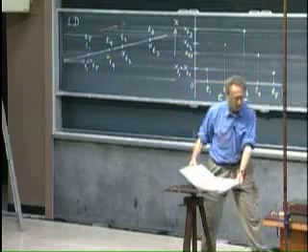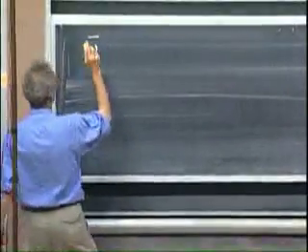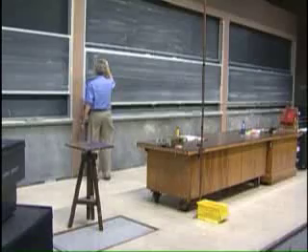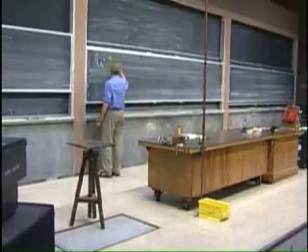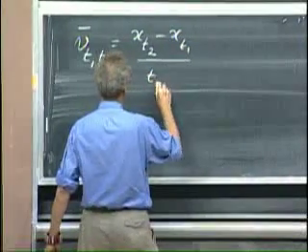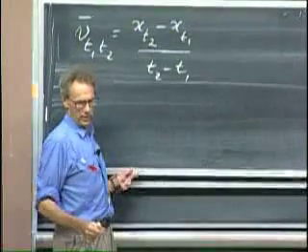Now we will introduce what we call the average velocity. I put a bar over it. That stands for average. Between time t1 and time t2, we define in physics as x at time t2 minus x at time t1, divided by t2 minus t1. That is our definition.